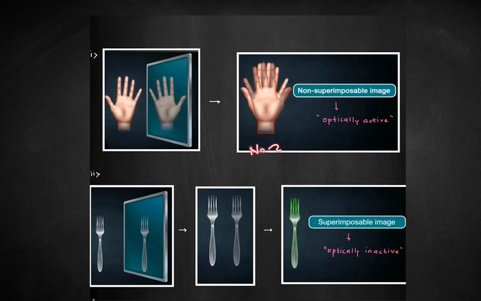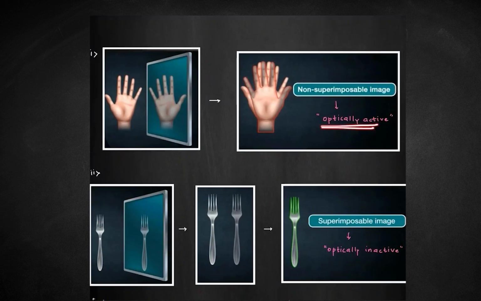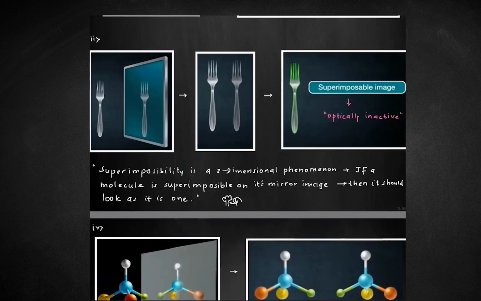The answer is no. So such molecules or objects are called non-superimposable and they are always optically active. Okay, now let's take the third example, that is the spoon. See the mirror image. Now take the mirror image. This is the mirror image. Now are both of them superimposable? Yes, they are superimposable and the molecule will be optically inactive.